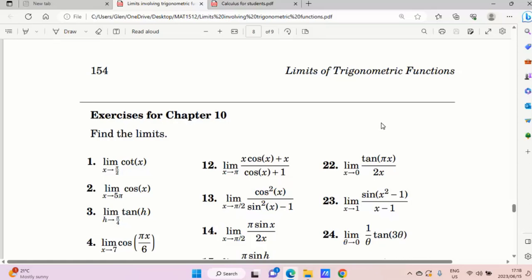Now, Lutendo, this one is straightforward. We are looking for the limit of tan of h as h approaches pi over 4. Lutendo, what is pi over 4? Which angle is pi over 4?